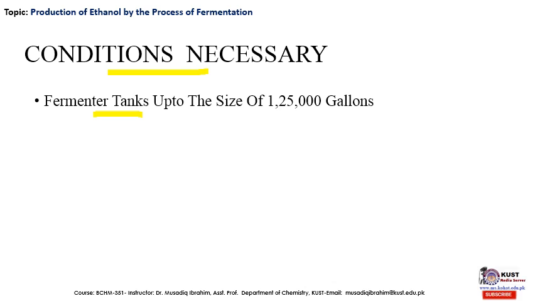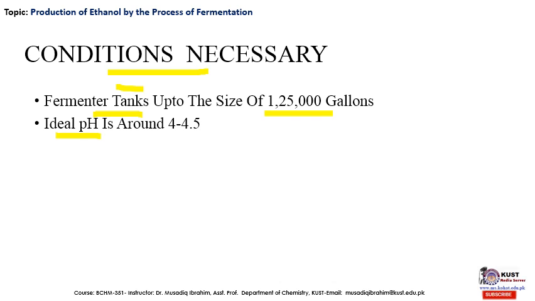The size of the fermentation tanks is around 0.125 million gallons of the culture which can be accommodated into the tanks. So you can observe how big the size of the gallons is.